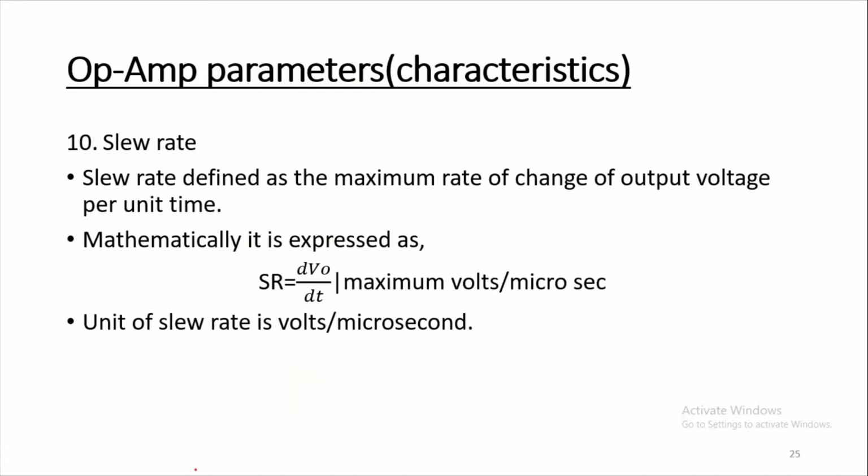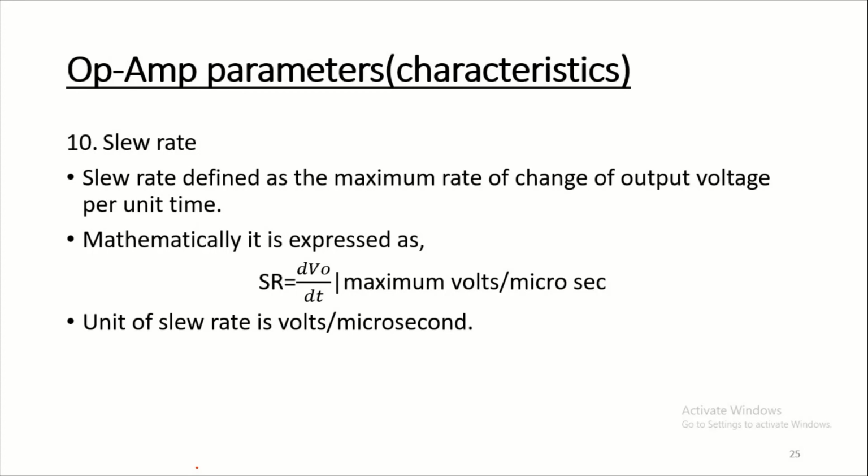The tenth one is slew rate. It is the most important characteristic. The slew rate is defined as the maximum rate of change of output voltage per unit time. Mathematically it is expressed as SR is equal to dVO divided by dt at maximum, in volts per microsecond.